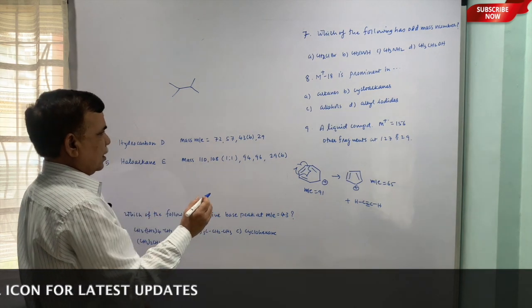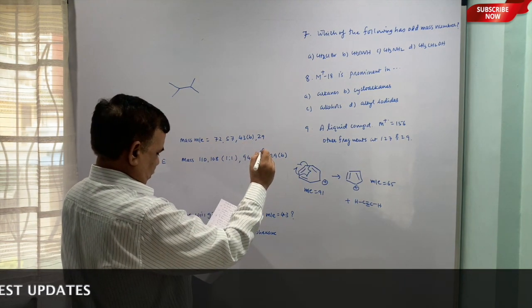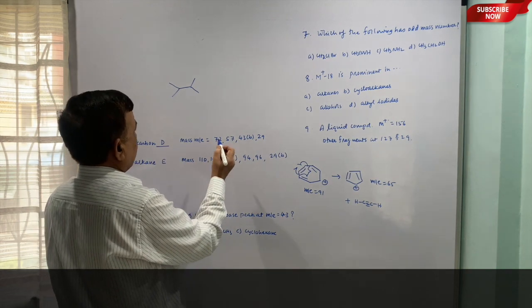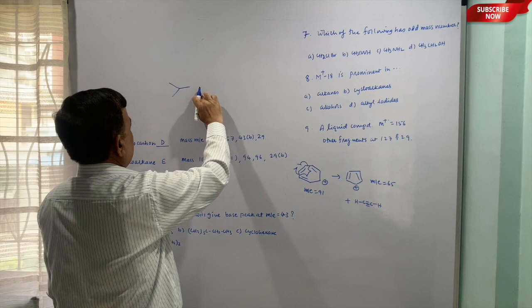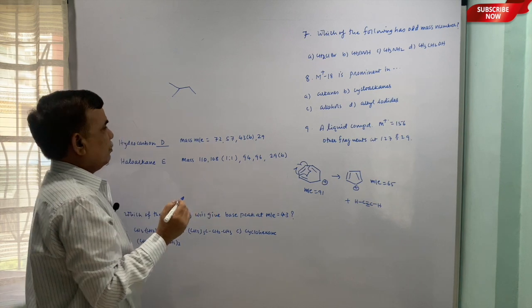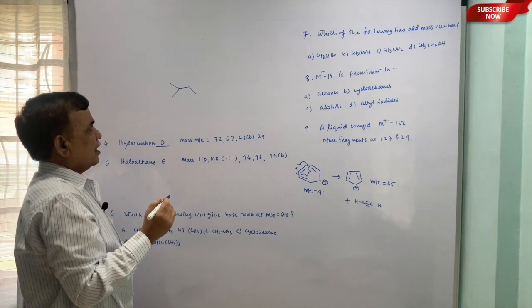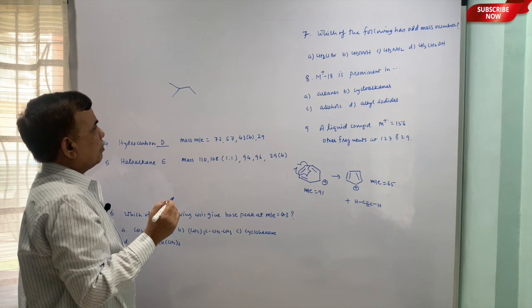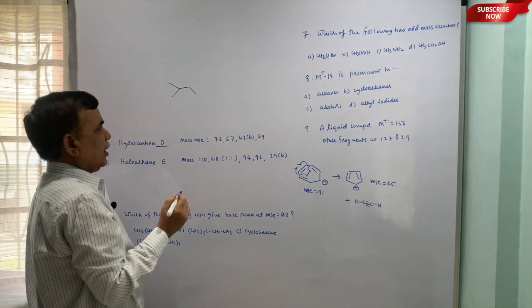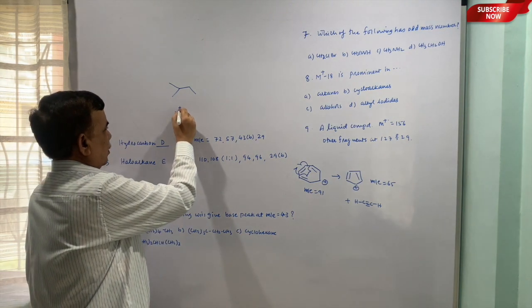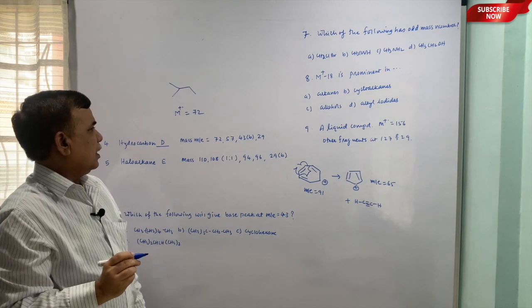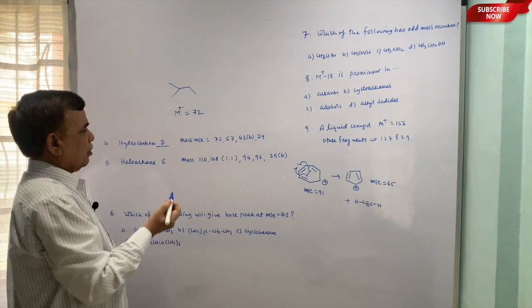Okay, 43 is base. Hydrocarbon, so you can have various options. So I am putting this as 1, 2, 3, 4, 5 carbons, 60 and 12, 72. So this is the possibility, like this can be the parent hydrocarbon.